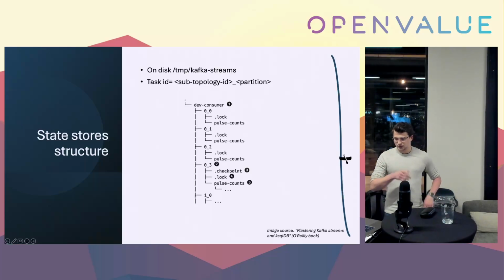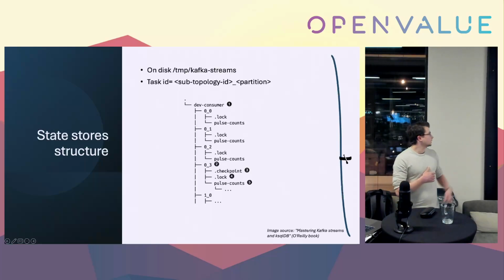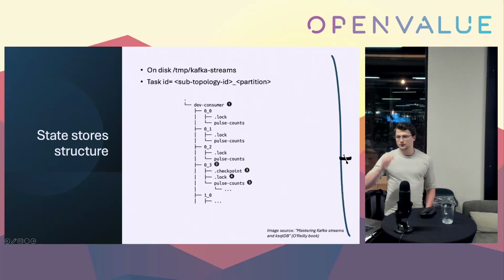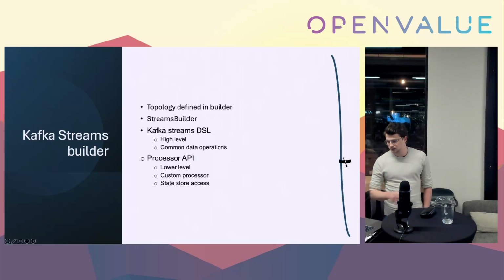So you have the subtask and the partition, and as you can see here, your application is called dev consumer, and you have the different pulse counts, and for each partition you have your own folder in here. In this case, you have 4 partitions, which is 0, 1, 2, and 3, and each partition has its own data, and each task has its own little state store with its own data in there.